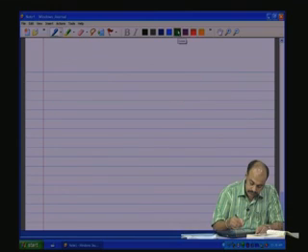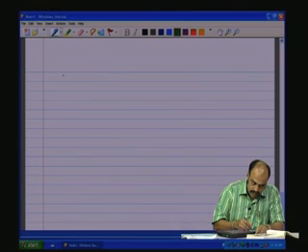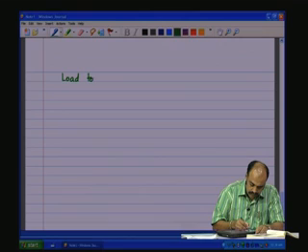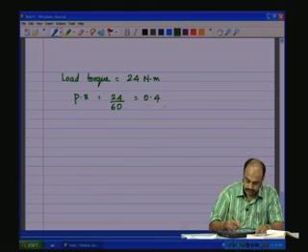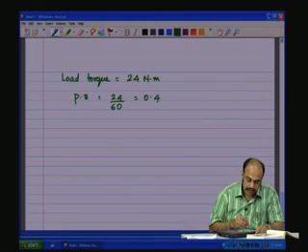Now, the load torque is 24 Newton meter. This means per unit value wise, it would be 24 by 60, which is 0.4 pu. So, all should be calculated at 0.4 per unit value.